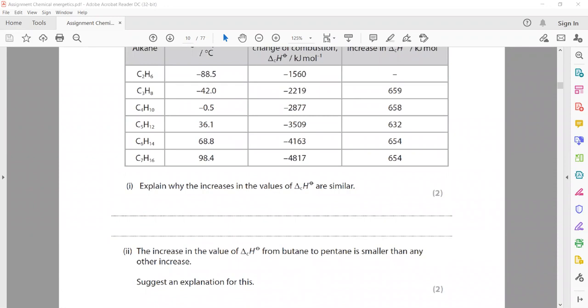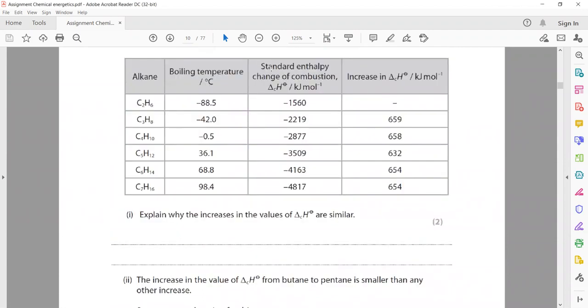That is why they give you the boiling temperature. If you take room temperature as 25, you will find that pentane is a liquid, but butane is a gas at room temperature. So there is a difference in state: butane is a gas whereas pentane is a liquid at standard conditions, around 25 degrees centigrade.